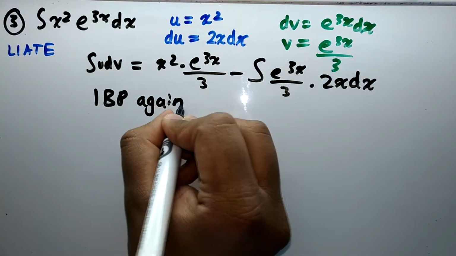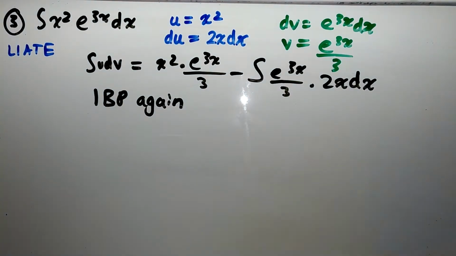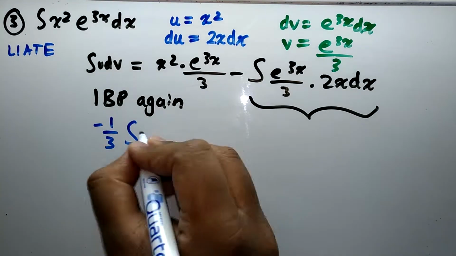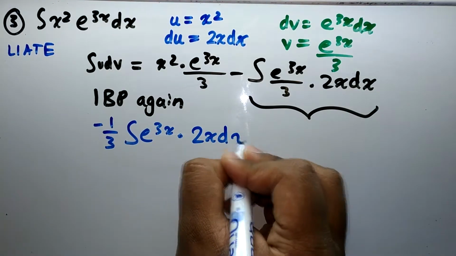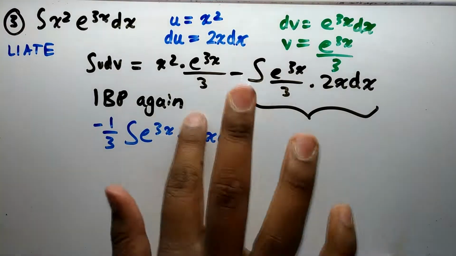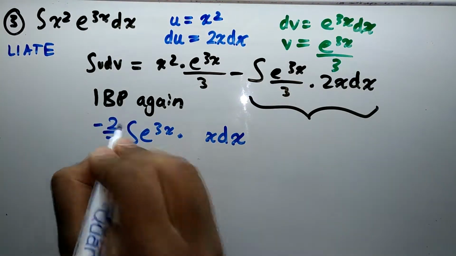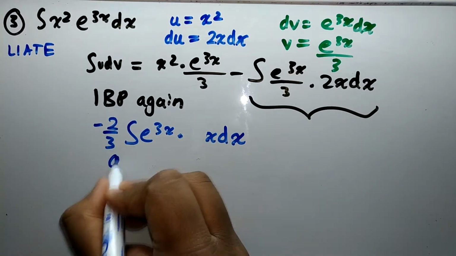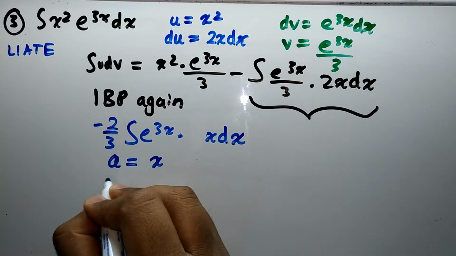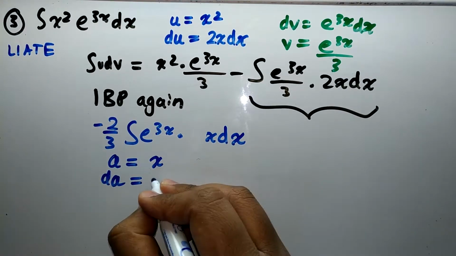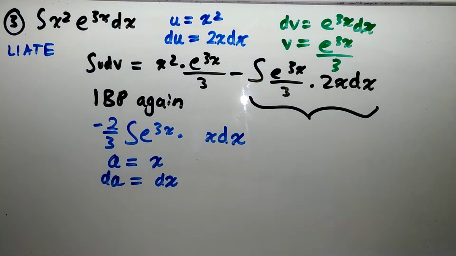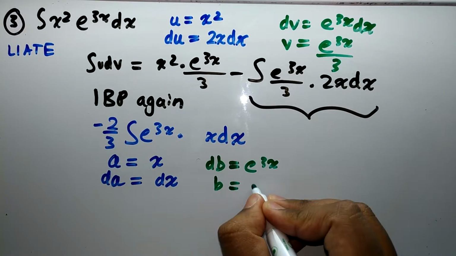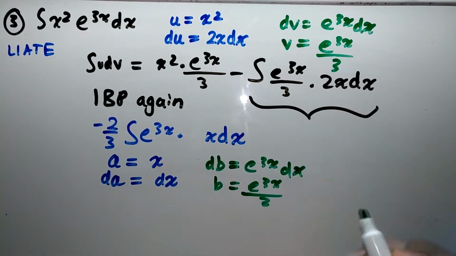So here we get another algebraic term times an exponential, so let's just work with that integral. Let's take the minus 1/3 out, so we're just left with e to the 3x times 2x dx. Actually, let's take out the 2 as well. So now let a equal the algebraic part, and if you differentiate that, it's just going to give you dx, and then db is just going to be e to the 3x, and once again b is going to be e to the 3x over 3.